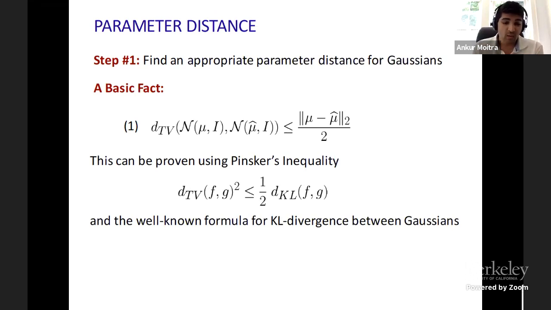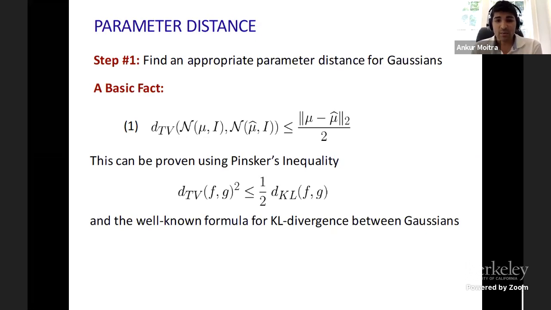And through Pinsker's inequality, you can say that bounds on the KL divergence imply bounds on the total variation distance. Now, if you do this, it tells you this very nice intuitive fact that if you have two Gaussians with the same identity covariance, but they only differ in the mean, mu and mu hat, then the total variation distance between them is upper bounded by the Euclidean norm between mu and mu hat divided by 2.